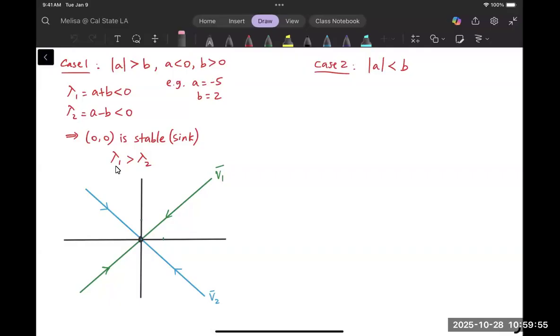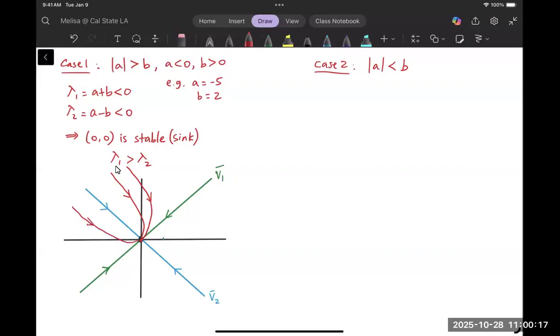Okay, so when you sketch the other trajectories, maybe initially it's parallel to phi2, but then as t goes to infinity, it's going to be parallel to phi1. So you have something that looks like that.